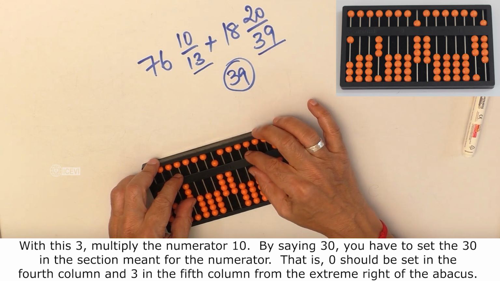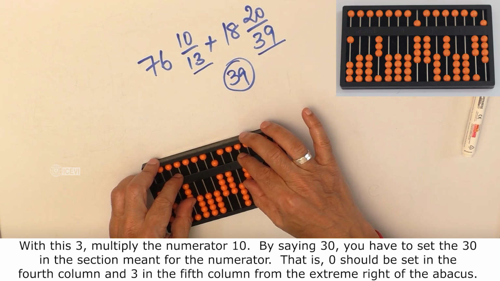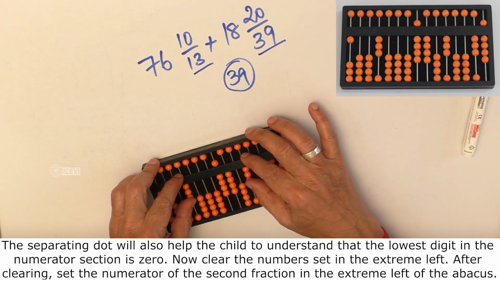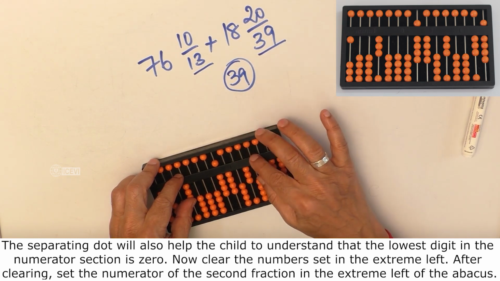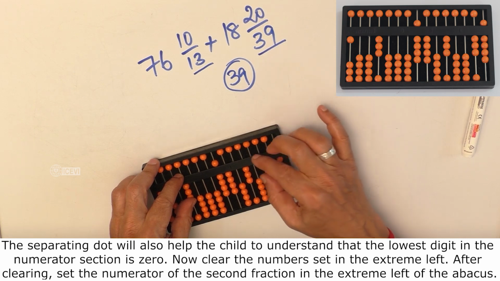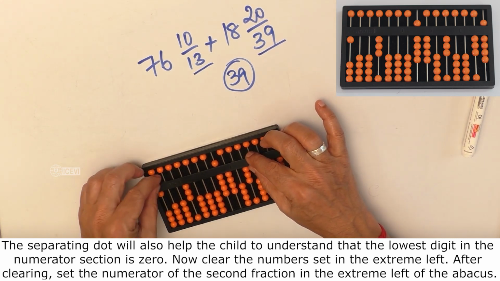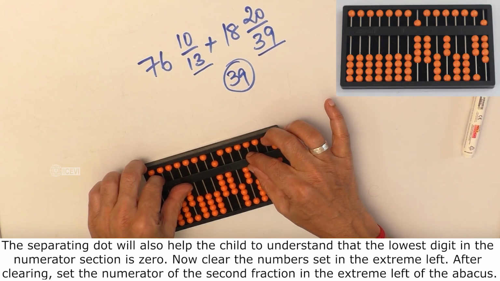That is, 0 should be set in the 4th column and 3 in the 5th column from the extreme right of the abacus. The separating dot will also help the child to understand the lowest digit in the numerator section is 0. Now clear the numbers set in the extreme left.